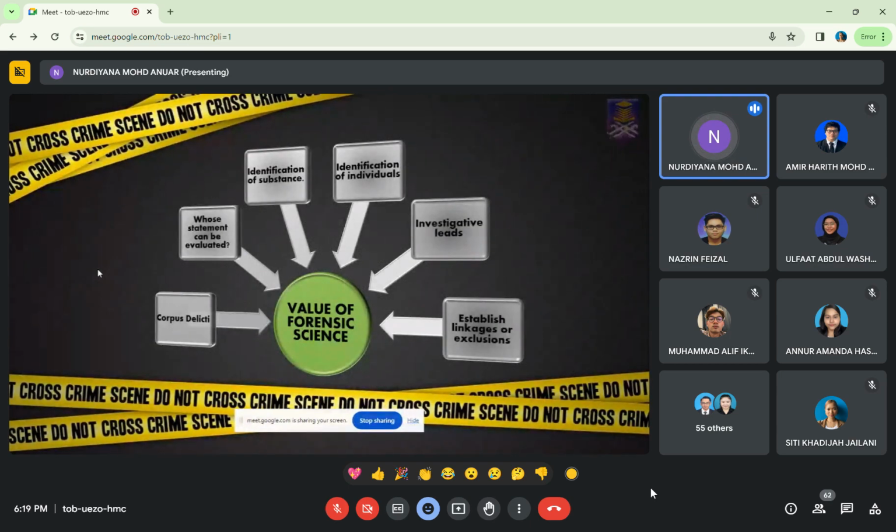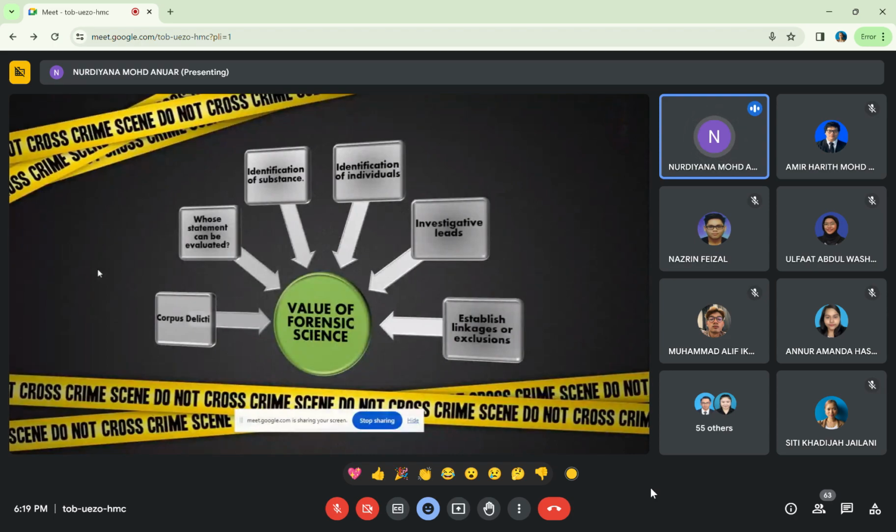So daripada forensic science, it can lead the investigation to the correct path. Sebab kalau contoh kita dah collect evidence tapi dia tak membawa kepada apa-apa pun, dia hanging. Contoh kita dapat blood tapi mungkin blood tadi tu contaminated ke ataupun maybe kita dapat buat analisis cuma tak ada dalam kita punya database.